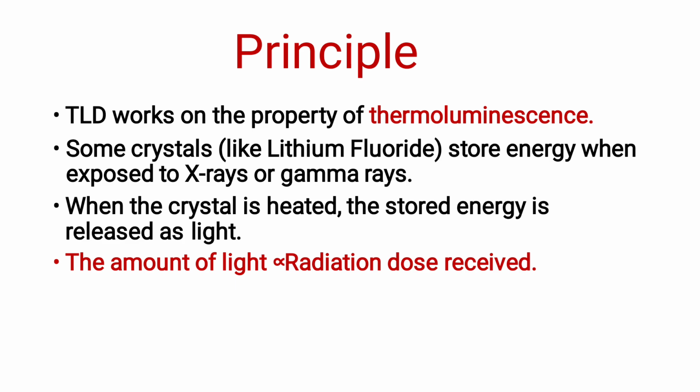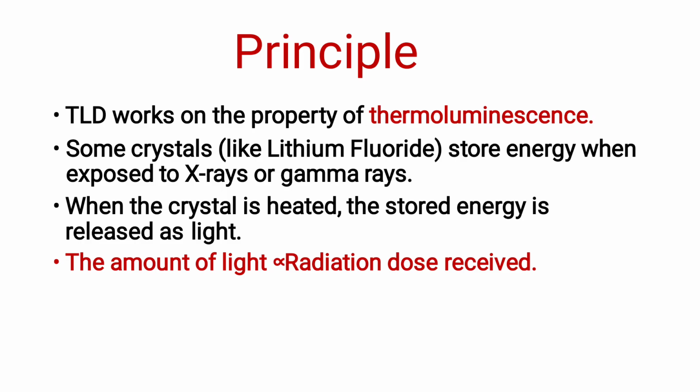Now, when we come to the working principle of TLD, as I said, the full form is thermoluminescence dosimeter. This TLD batch works on the principle of thermoluminescence, where thermo means heat and luminescence means the property to emit light. When we talk about the TLD batch, certain crystals are used, such as lithium fluoride and CaSO4, which store the energy when exposed to X-rays or gamma rays.